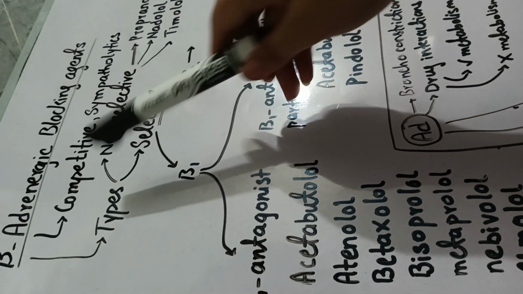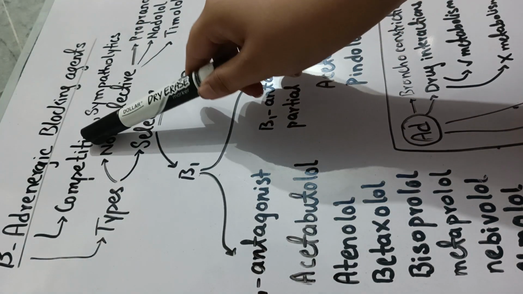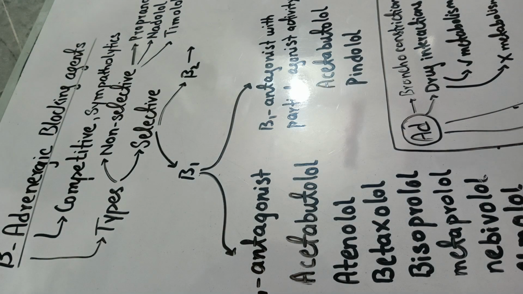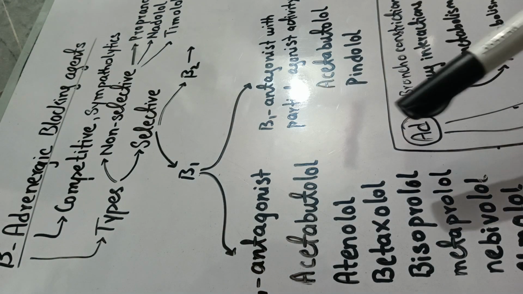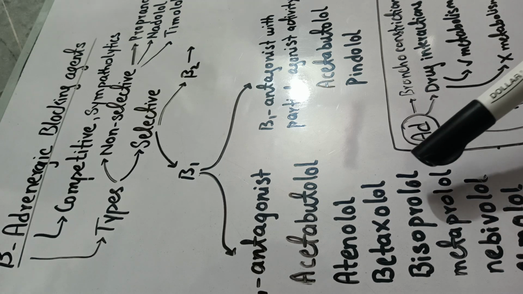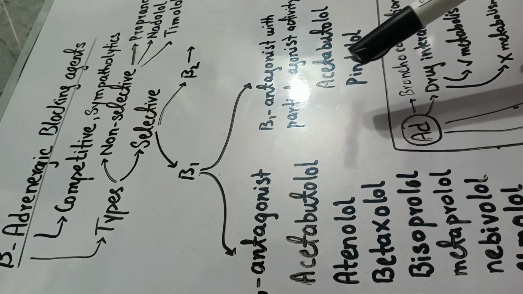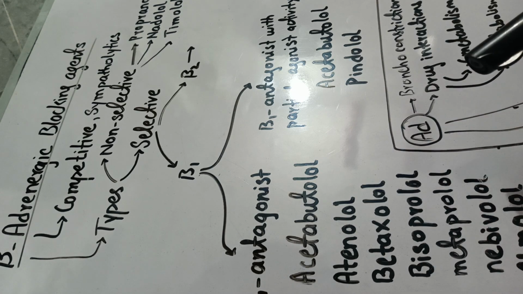So first thing you have to remember is that all the beta blockers are competitive, meaning they are ready to fight. In the alpha blocking agents, we studied that only phenoxybenzamine was non-competitive, while all other alpha blocking agents are competitive.